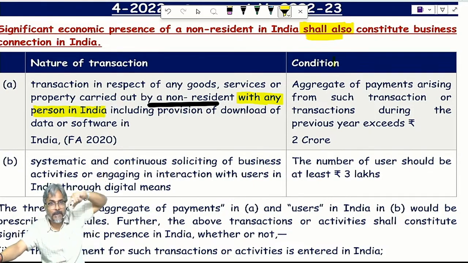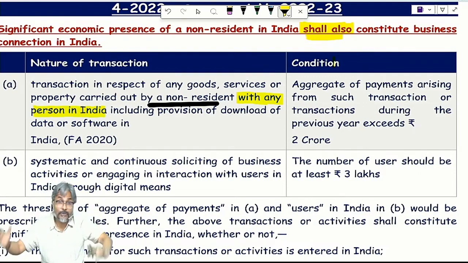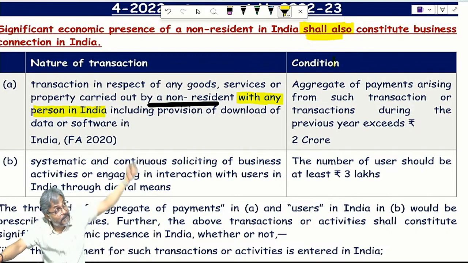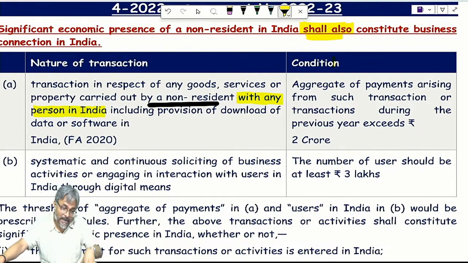Shah Rukh Khan has ordered something from one departmental store which is based in London. Harrods departmental store, one of the most famous departmental stores in UK, London. So from there he is bringing some goods. Mr. Shah Rukh Khan in India right now has the status of a non-resident.